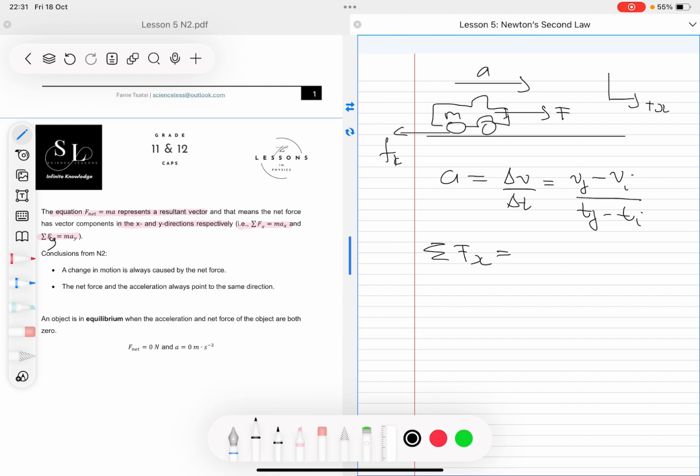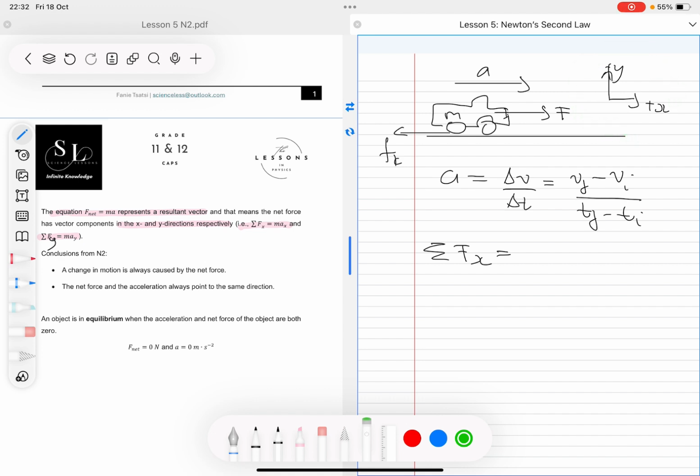We have x and y direction. Anything along the x-axis going to the right is positive, and anything going in the other direction is negative. Anything in the y direction that goes up will be positive, and anything that goes down will be negative. That's how I choose my direction.